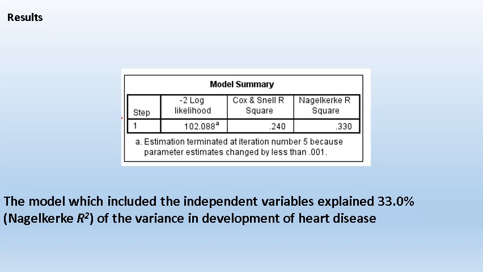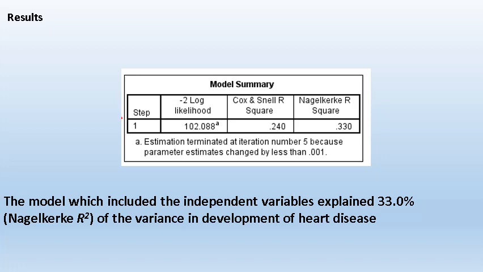So, the Nagelkerke R-squared value is showing 0.330. We need to convert it into a percentage. How can we convert to a percentage? Multiply by 100. 0.330 multiplied by 100, so it will be 33%.